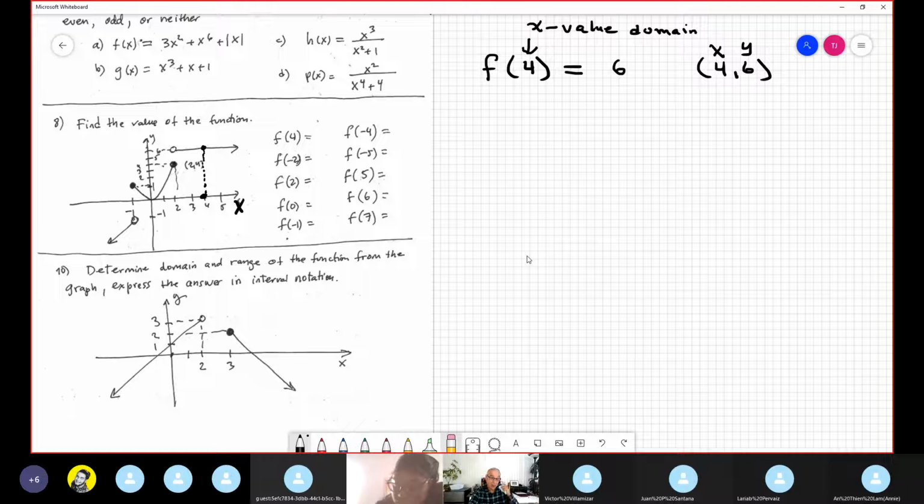Be careful, because in my graph, you might have holes. We have maybe a gap. In this case, no gap. And so okay, you need to be careful with the hole because it's completely out of the graph. And this is where you're using your imagination and your common sense.